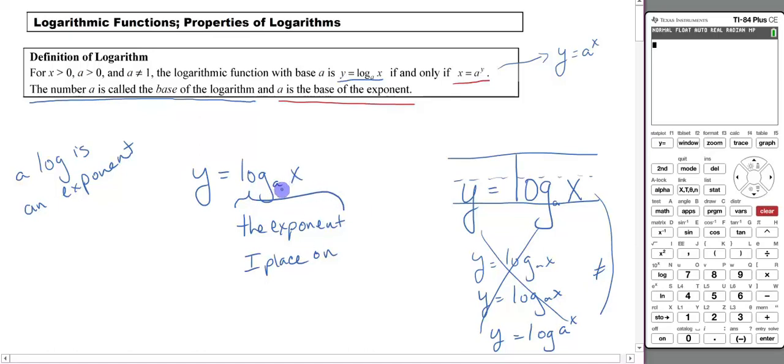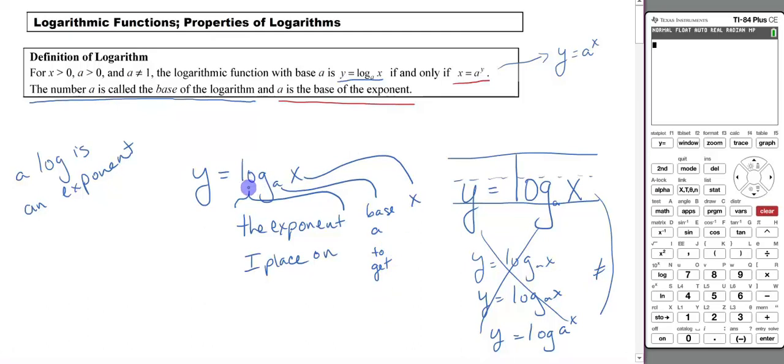The exponent I place on base a to get, the argument of the log, x. The exponent I place on base a to get x is y.